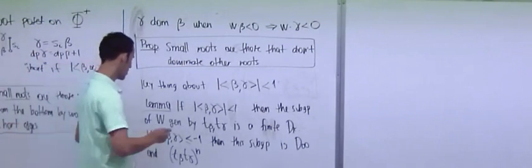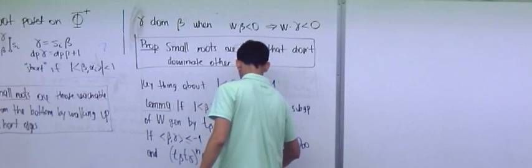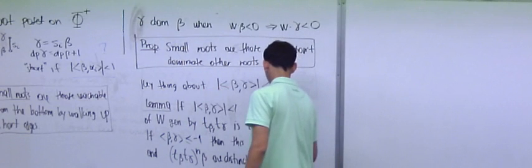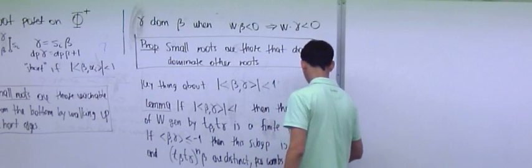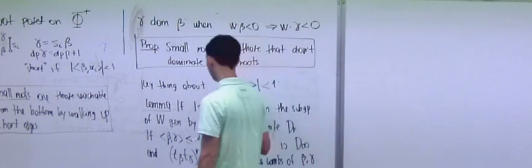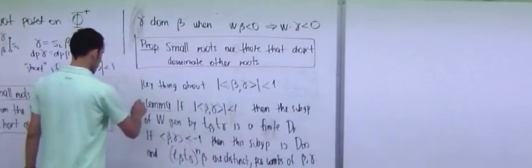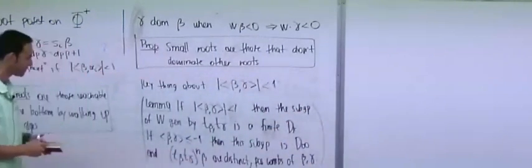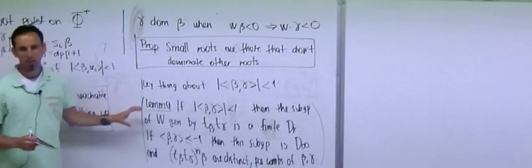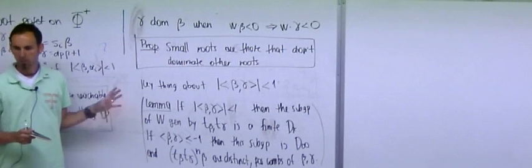Okay? So these are distinct positive combinations of beta and gamma. Okay? So maybe the details of this lemma are not so important, but I want you to think about what this lemma means.